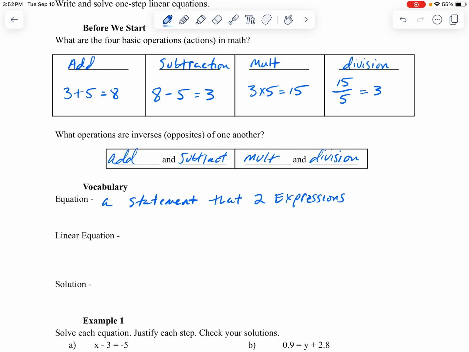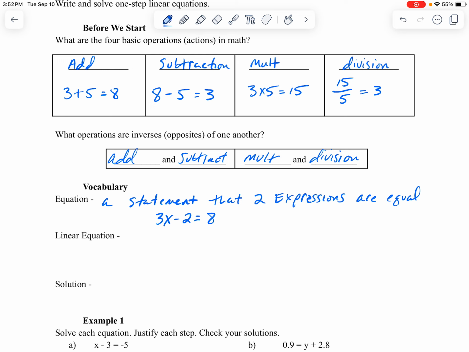For example, if I were to write the equation 3x minus 2 equals 8, this is an equation because there is an equal sign. I'm telling you that this thing on the left is equal to this thing on the right, and these things are both considered expressions. So two expressions are equal to each other, we have an equation.